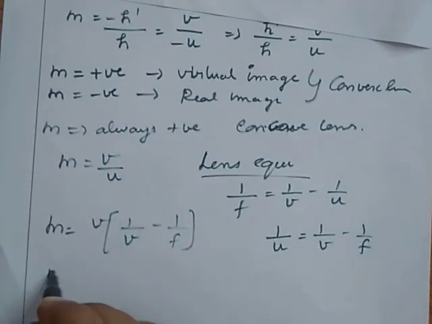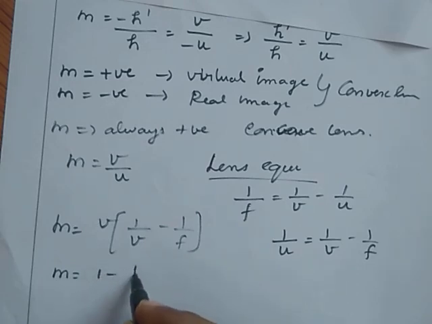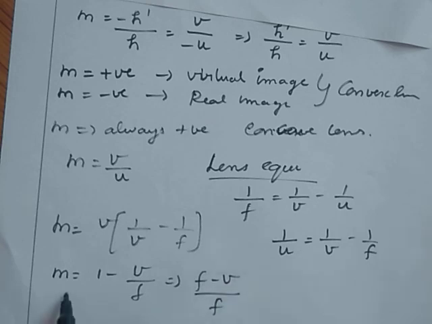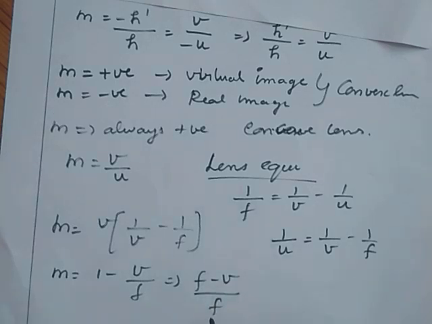Then M becomes 1 minus V by F. On solving this, F minus V by F. M in terms of V and F. We can write this in terms of U and F, that is F by F plus U.